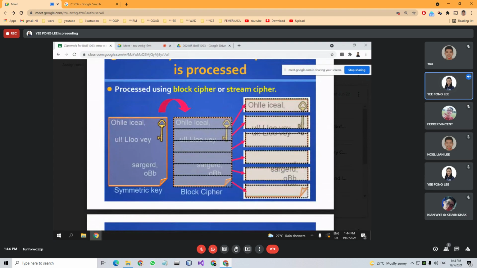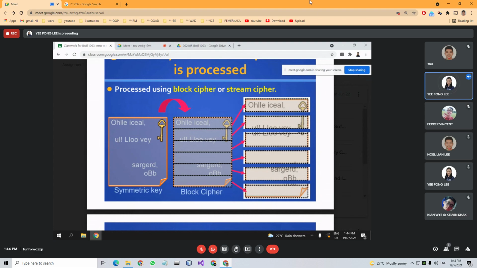Okay, look at the example here. So at the encryption, the original text is on the left-hand side. Block cipher will break down the plain text into fixed size blocks and then convert them to cipher text using a specific key.